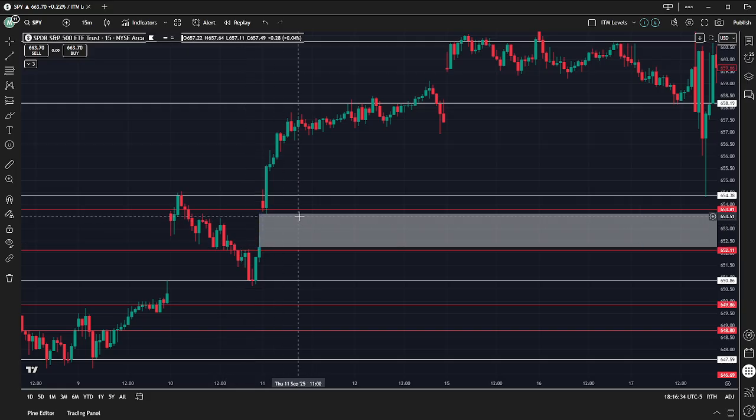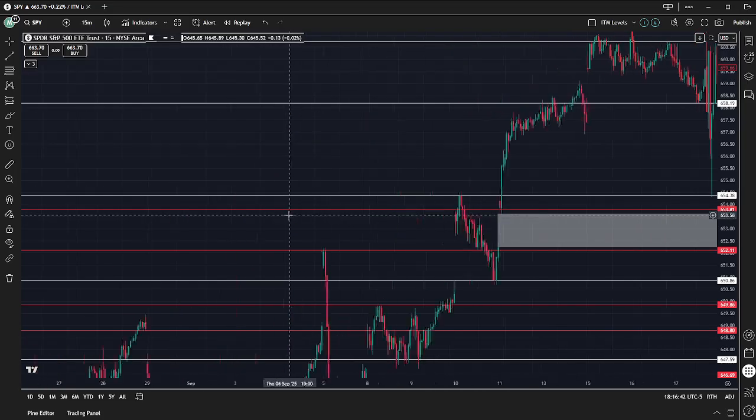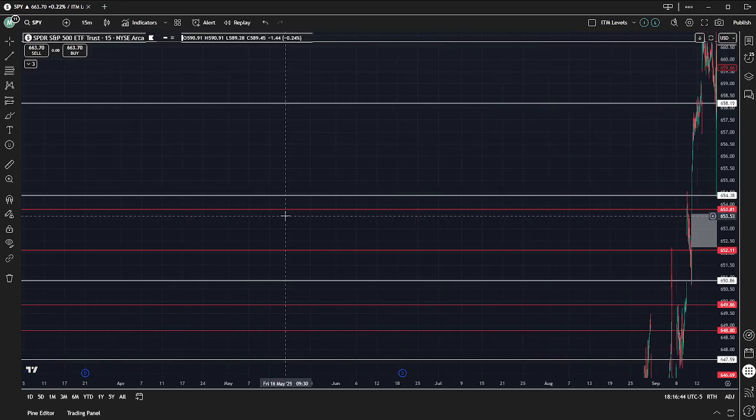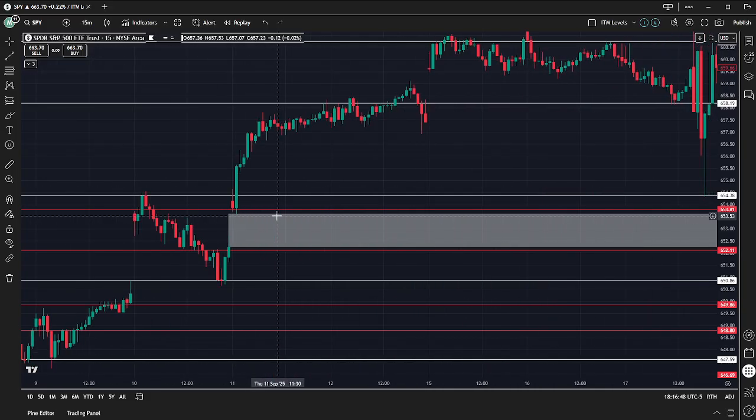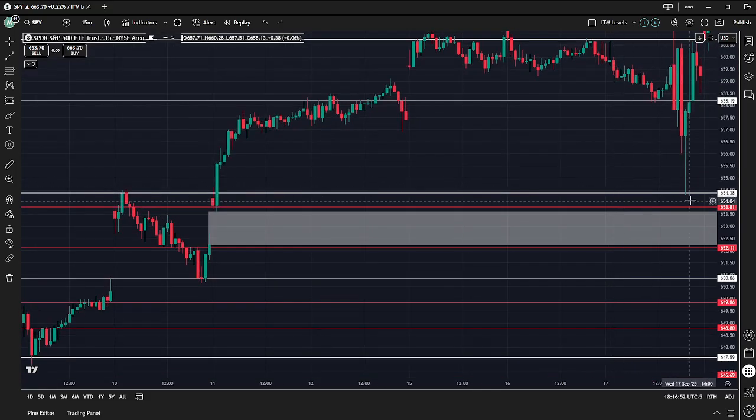Let me see if I'll adjust this. Yeah, not too much, but price action beforehand to really give me the confirmation. But I would say at some point we got below 654.38 on the 15-minute time frame.